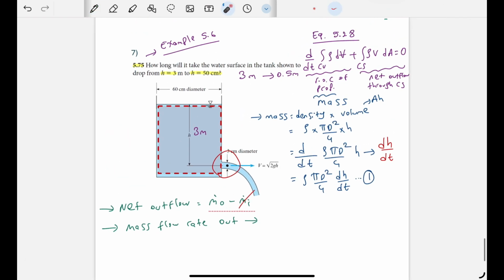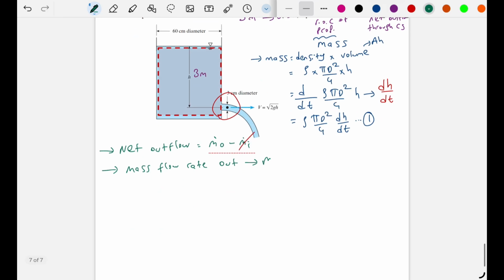If you take the term equation, it will be rho v area. So mass flow rate is equal to rho velocity and area. This will be density times velocity, and velocity is given as square root of 2gh, times area.